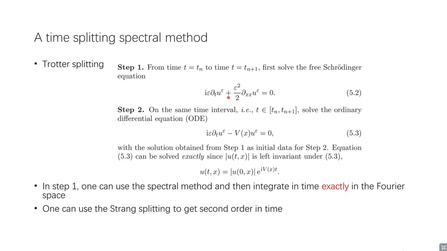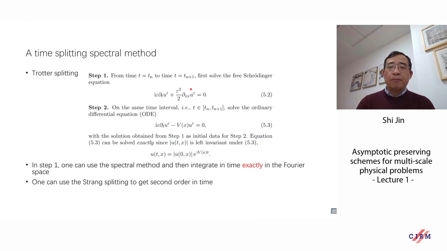You can solve it analytically, then do the inverse Fourier transform to come back to the physical space. You get spectral accuracy in space, and for time you integrate exactly, with no error in time. The second step is also a very simple ODE. You can solve it by hand, analytically again.